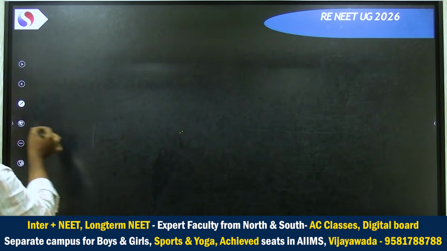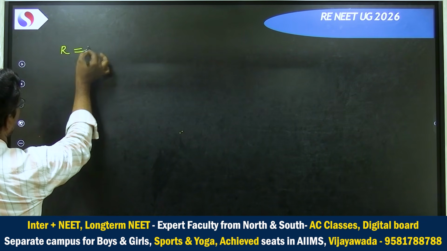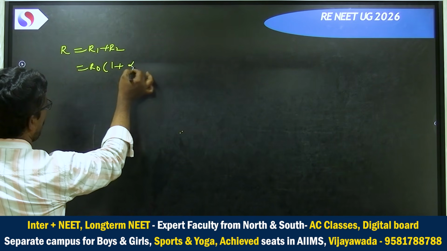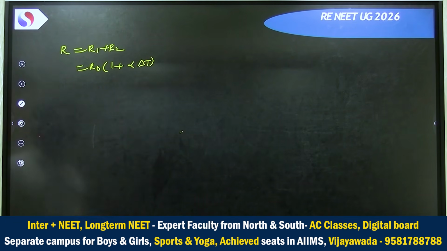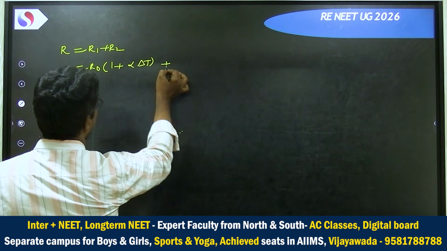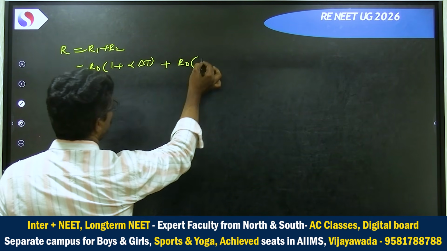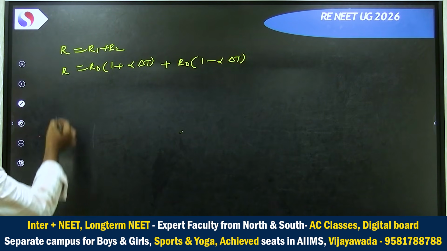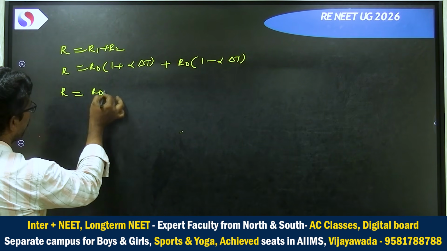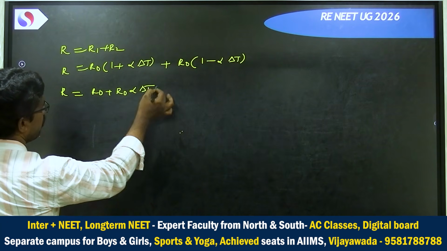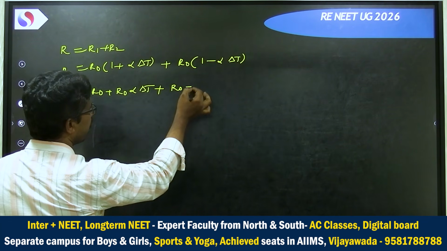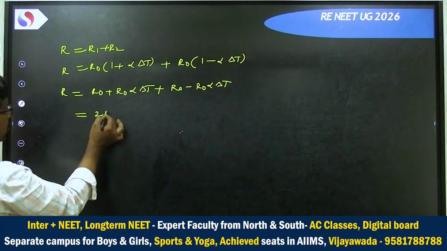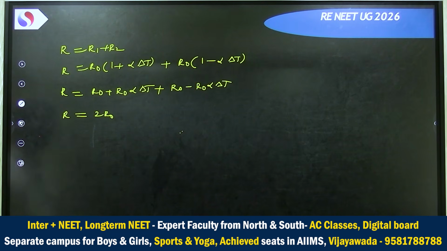Here R1 is equal to R0 into 1 plus alpha into delta T, after the temperature changes by delta T. And R2 is equal to R0 into 1 minus alpha into delta T. So the resistance R is equal to R0 plus R0 alpha delta T plus R0 minus R0 alpha delta T. One is positive, the other is negative, so that is equal to 2 R0. This series resistance R is equal to 2 R0.